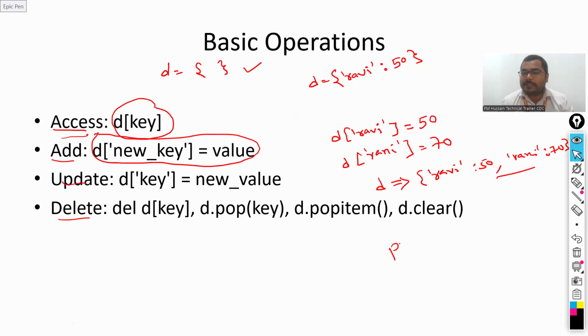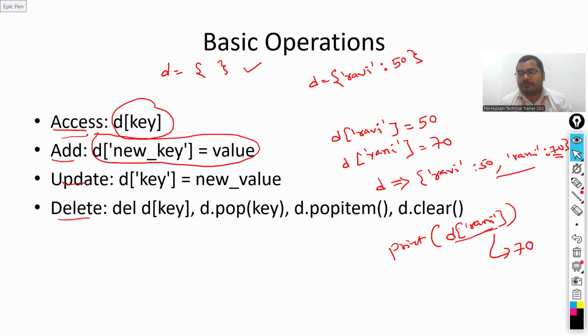So if you try to print D of Rani, Rani is the key, and the value at that key will be fetched and printed. The value of Rani is 70 marks here, so this print statement will print 70. This is how we can access the items from the dictionary.